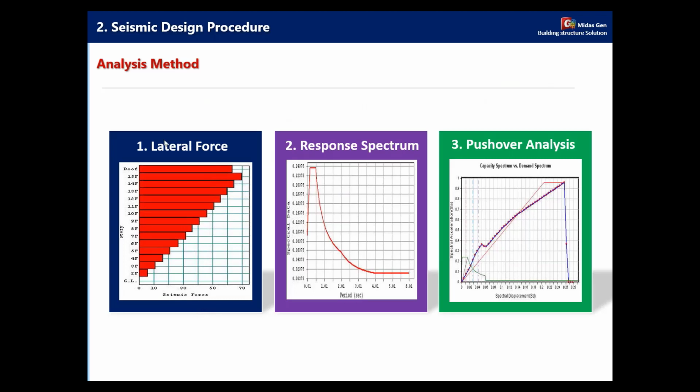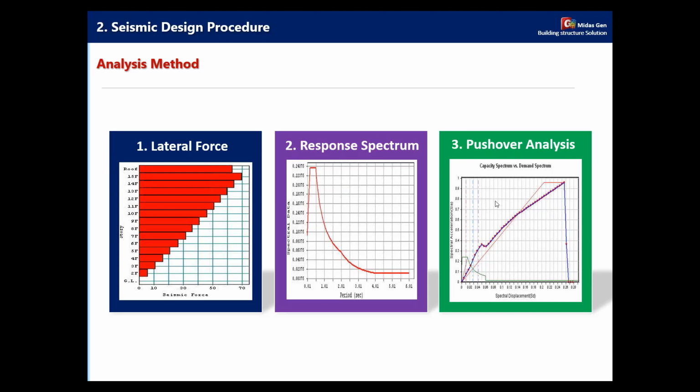For the analysis method, we have different methods to use when we analyze the structure under seismic action. The first one is lateral force, the second is response spectrum analysis, the other is pushover analysis, and the fourth is time history analysis.